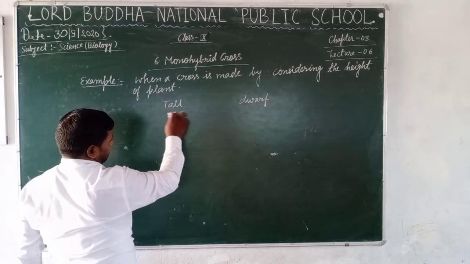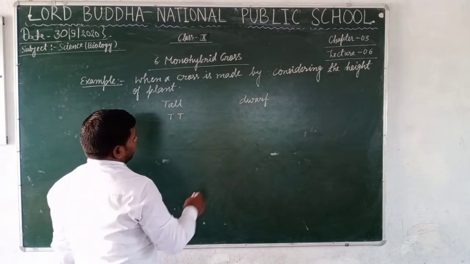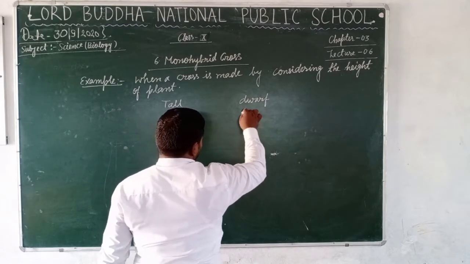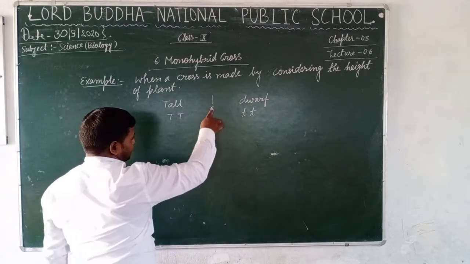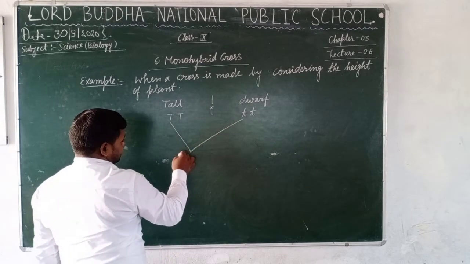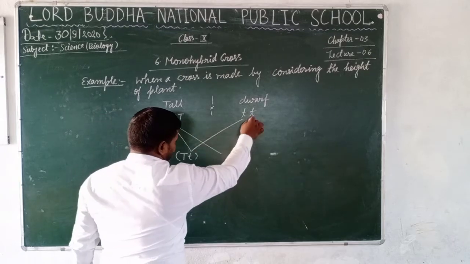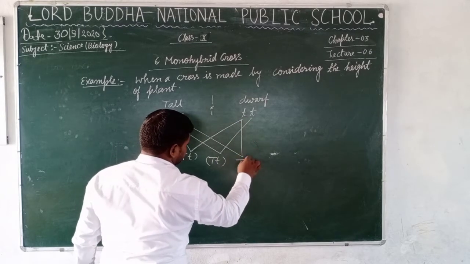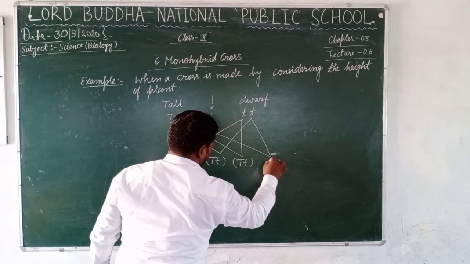What is the allele for the pure tall plant? Capital T, capital T. And students, what is the allele for the dwarf? Small t and small t. When the process of cross hybridization is carried out, we find the result in the form of individuals: capital T small t, capital T small t, capital T small t, and the last one is also capital T small t.